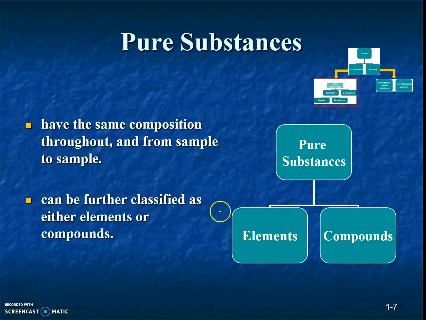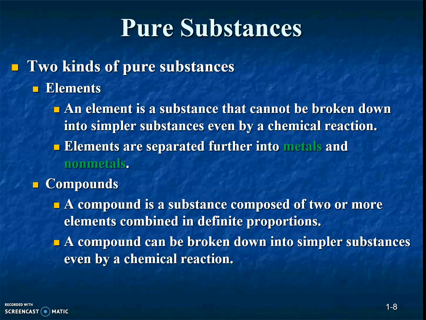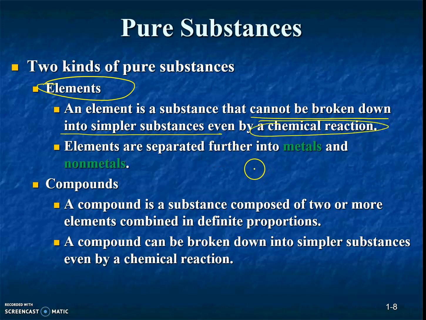Now let's have a look at what is under pure substance: elements and compounds. What's the difference between elements and compounds? How can I tell one is an element and another one is a compound? An element is a substance that cannot be broken down into simpler substances, even by a chemical reaction. What does that mean?